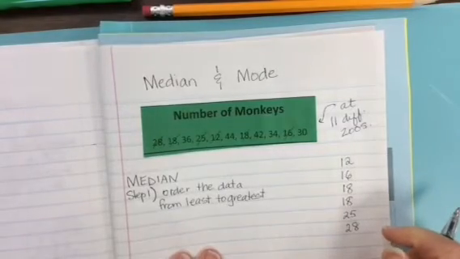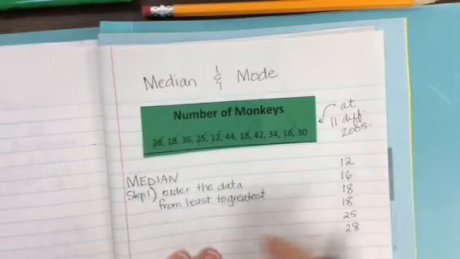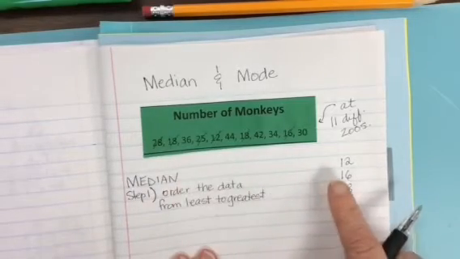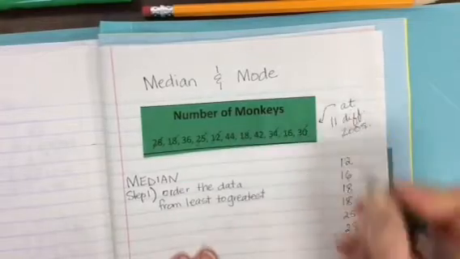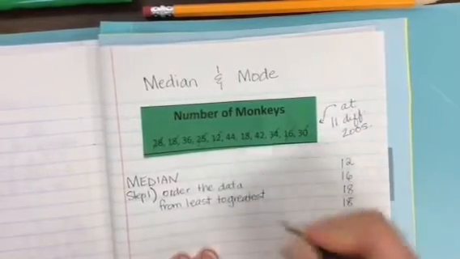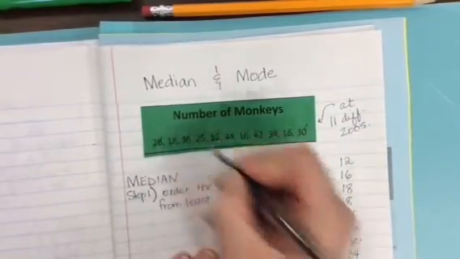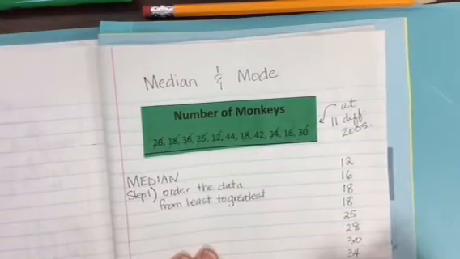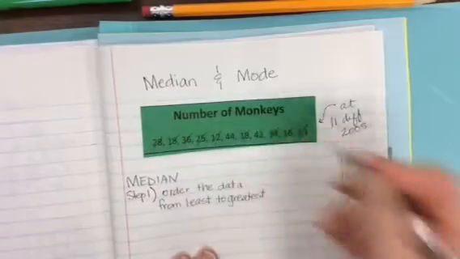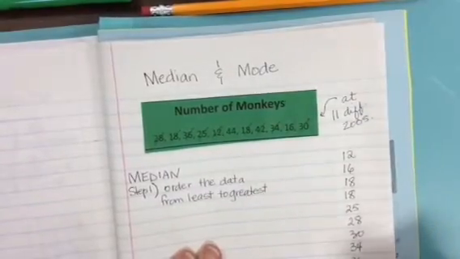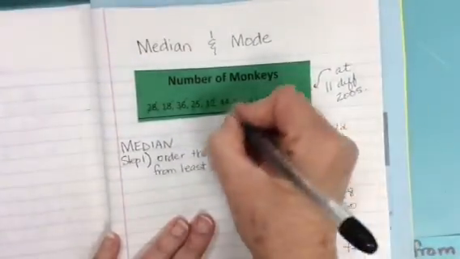Why don't you pause it and go ahead and put the rest of the numbers in and see if you come up with the same thing that I do. 28, 30, 34, 36. Okay, we're done with everything but the 40s. Then we have a 42 and a 44.